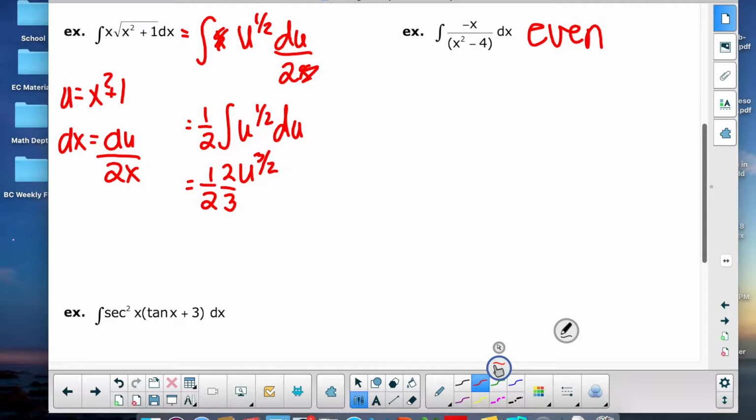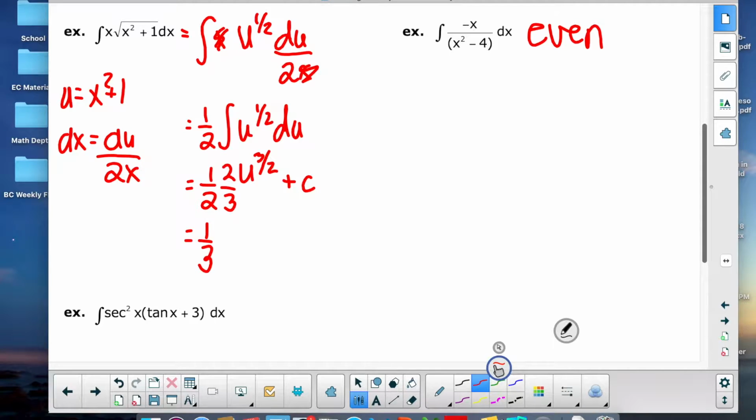So let's just do it. That eliminates some work. And then plus C. That's going to help me with my fractions here. So 1/2 times 2/3, those 2's cancel each other out, and I'm left with 1/3.